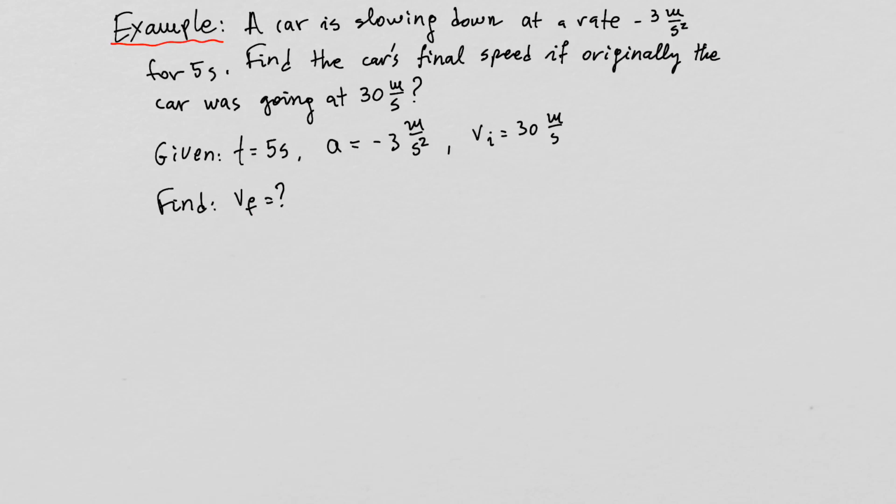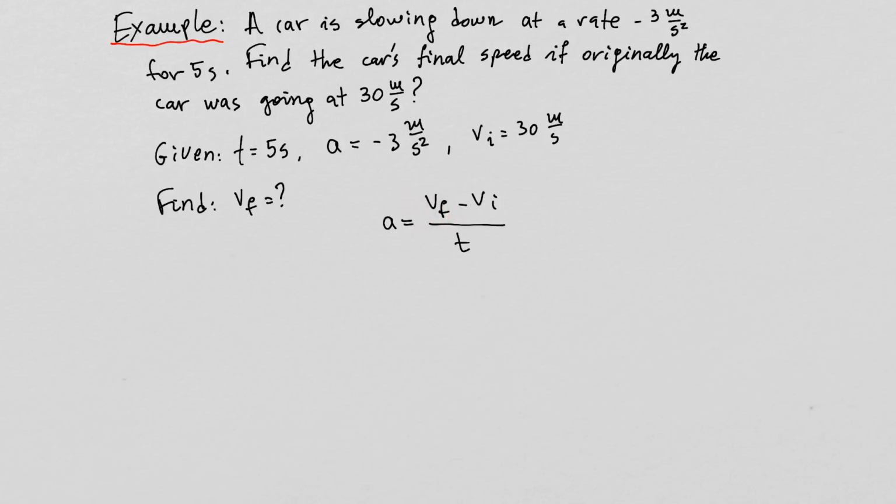So, in order to solve this problem, I'm going to start with the defining formula that relates acceleration, initial and final velocity, and time. The formula that relates those quantities calculates the acceleration if I knew the final velocity, initial velocity, and time. However, here, the problem asks me to find the final velocity, this quantity right here.